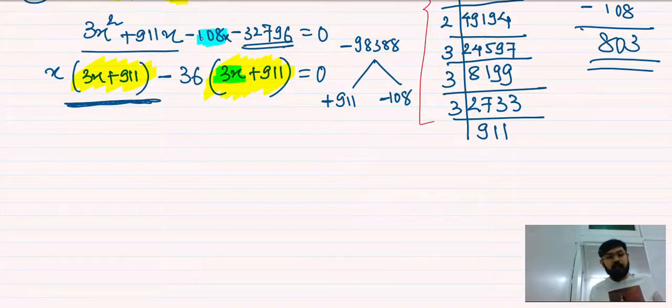You can just divide 108 by 3 and you get 36, and 36 multiplied by 911 gives you 32796. So that means 36 is the correct highest common factor which you have taken out.